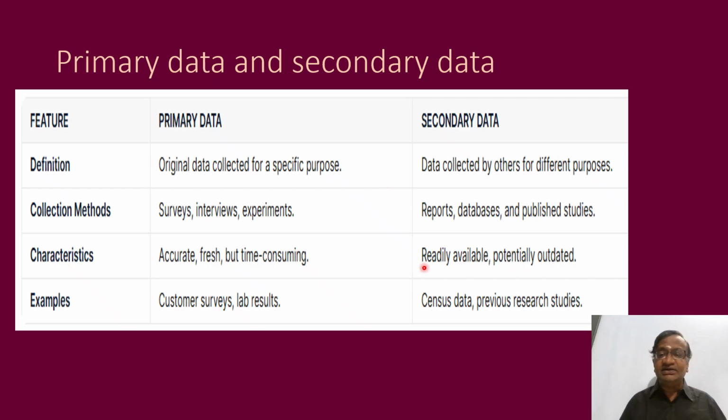The data is already collected. Now we are doing something else, like census data, previous research studies. This is what is called secondary data, which is already collected. It may be readily available, but may be outdated, because your data on ondansetron may be from 2020. Now what we are focused on is primary data only.